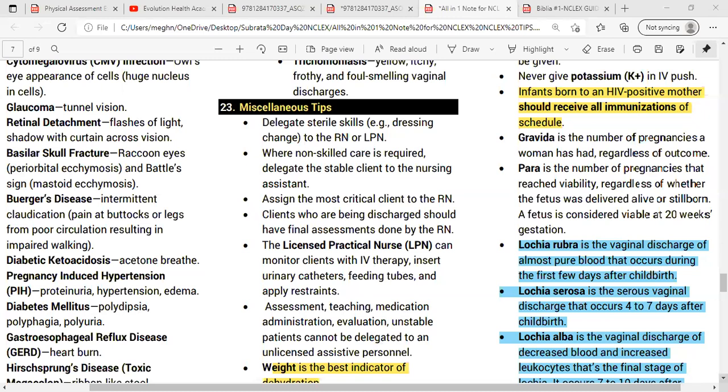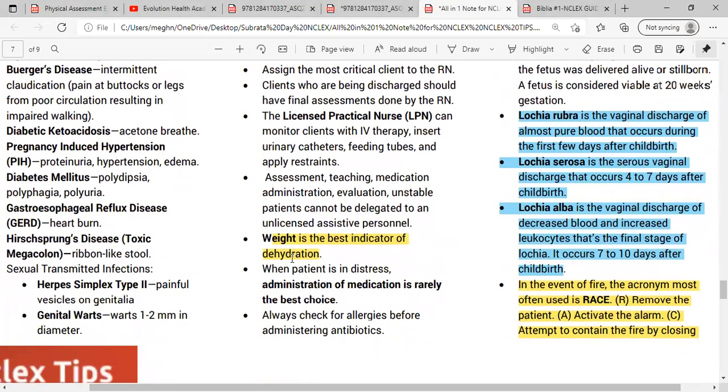Today, I'm going to talk about miscellaneous tips. So now, body weight is the best indicator for dehydration. The NCLEX board asks a question: if a patient has chronic kidney disease, CKD, or a liver problem, the patient has a chance of retention of fluid in the abdomen, we call ascites, or in the feet, we call pitting edema.